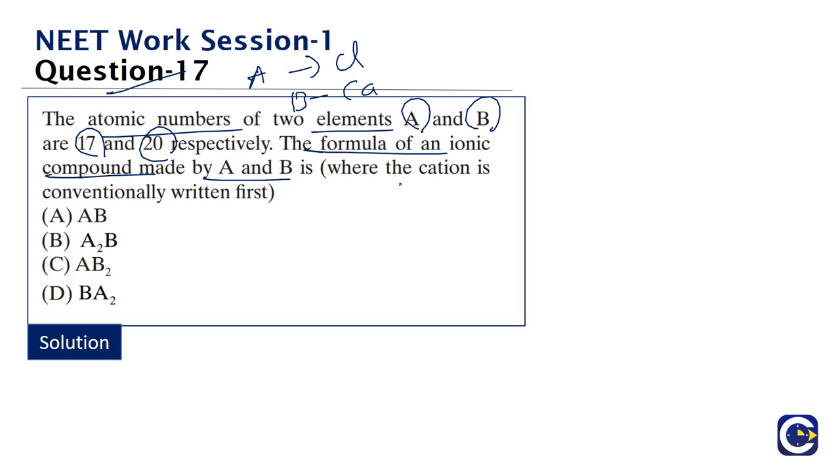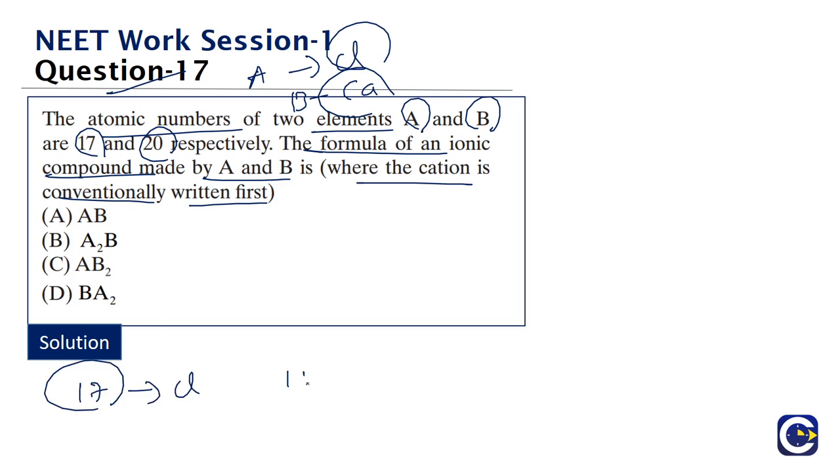Generally when we write the formula of the ionic compound, we write the cation first, that is the convention. Here we are supposed to answer this question probably without even knowing that A is chlorine and B is calcium. If you look at the electronic arrangement, 17 chlorine is 1s2 2s2 2p6 3s2 3p5.